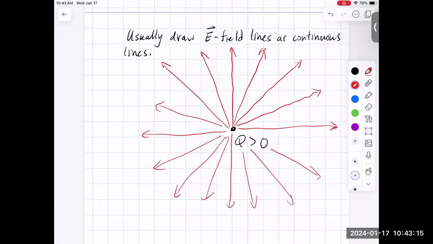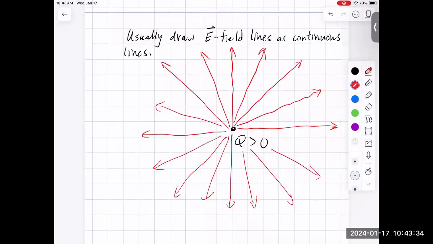Yeah. You just know that as you get farther away, it gets weaker. Yeah, that's true, but maybe I could have some complicated picture with a complicated arrangement of charges, and I don't really know if I'm getting closer or farther away. So what would I do in that case?